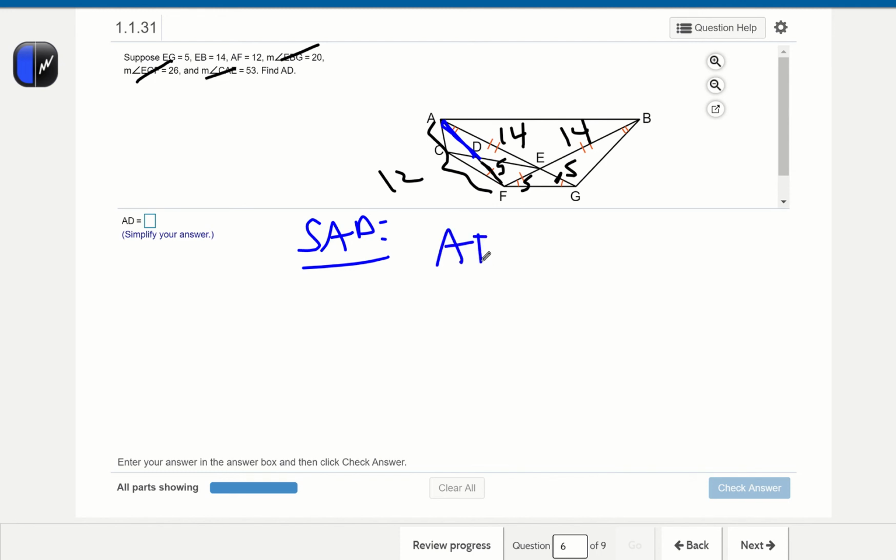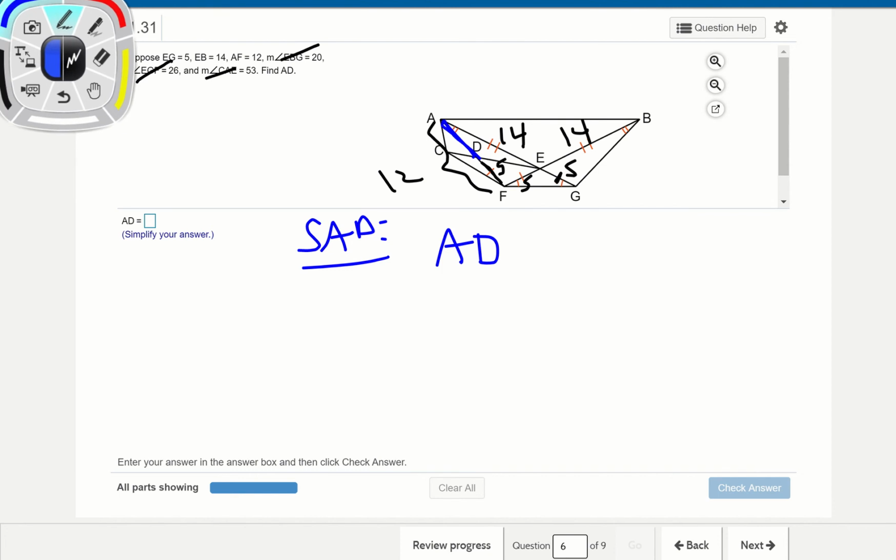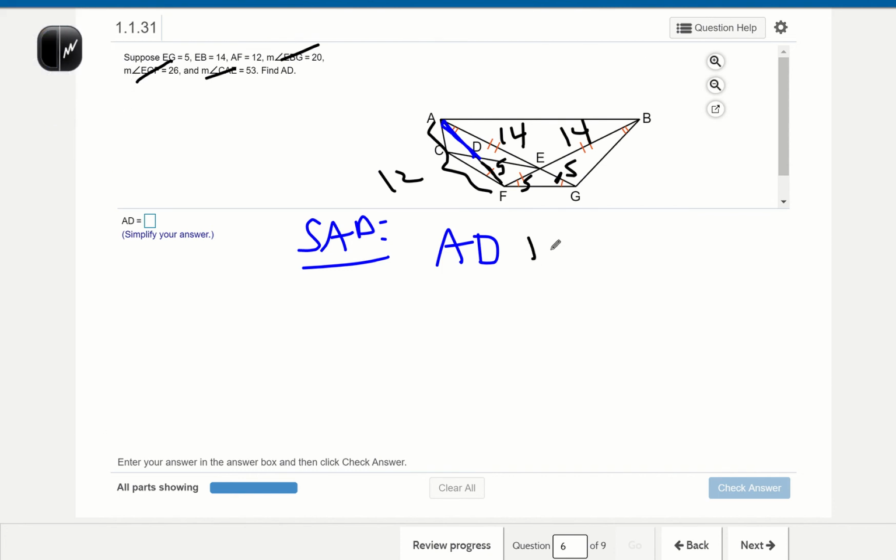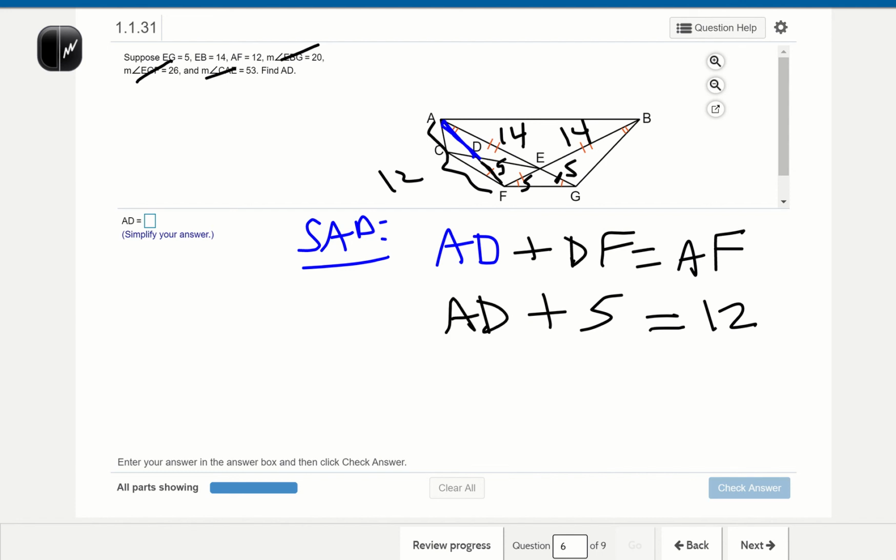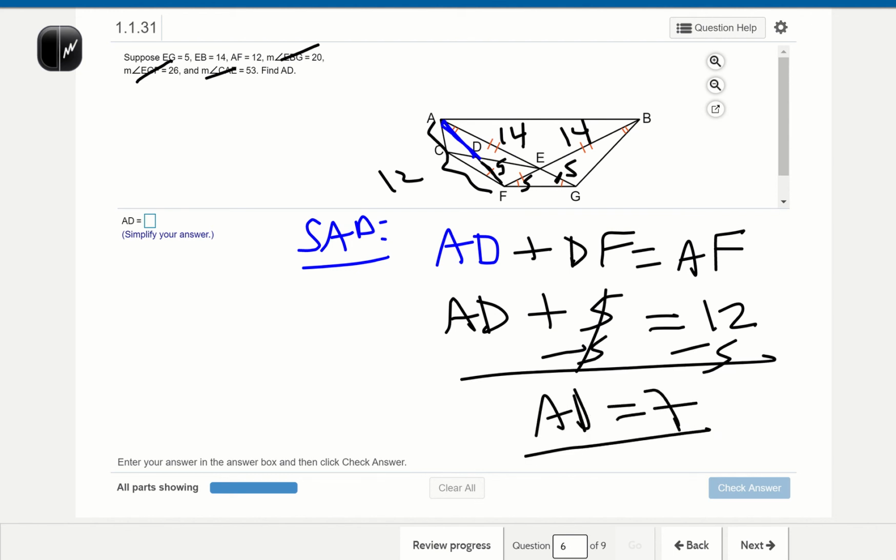So we have AD plus DF has to equal AF, the entire thing. And the entire thing is 12, because that's what it says in the diagram. And then DF is 5, okay? And then you're looking for AD, so we'll just call it AD, and then just solve. So if we subtract 5, AD has to equal 7, okay? And so that's my answer for that particular problem.